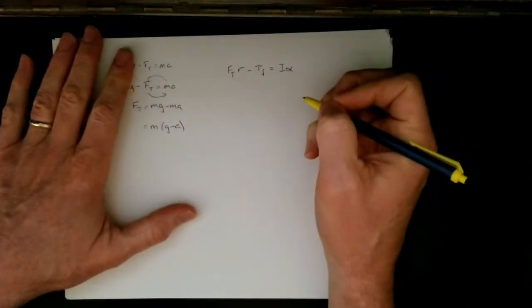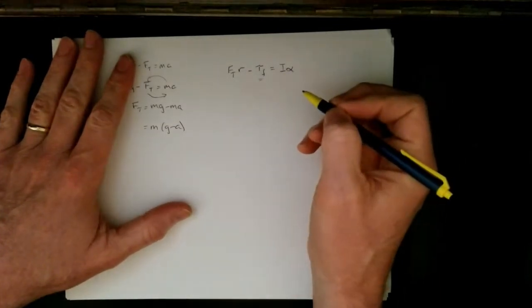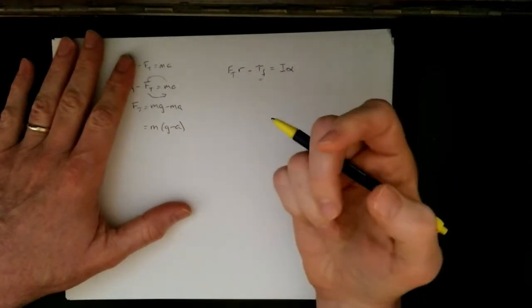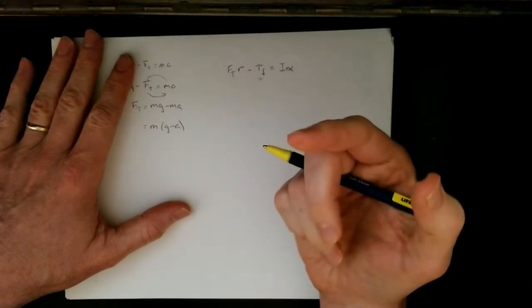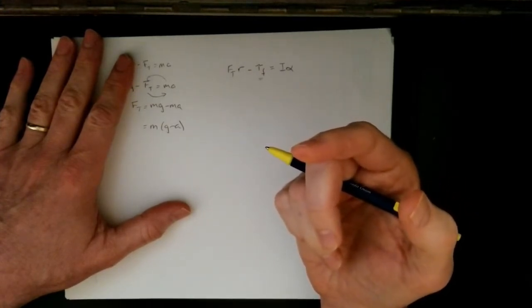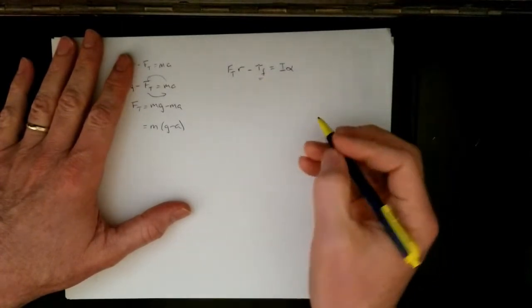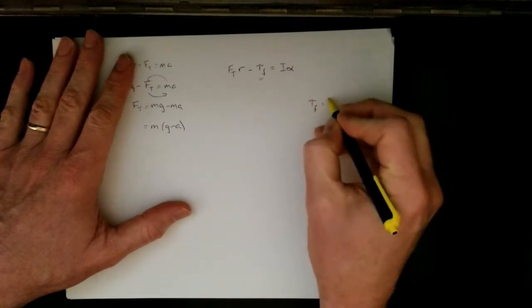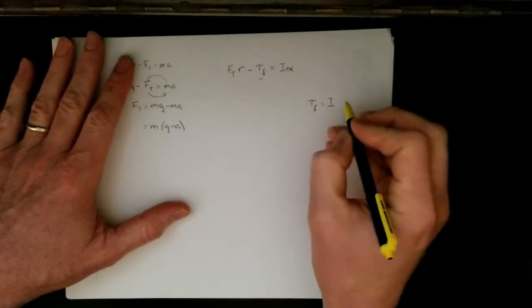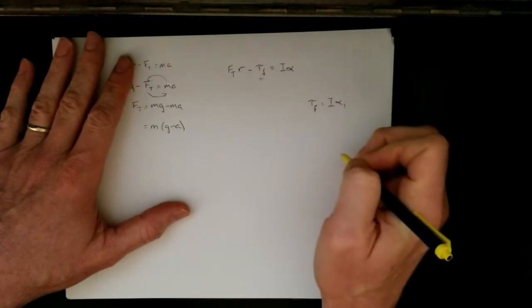Now, the torque from friction, if we had a situation where we were only measuring the angular acceleration with friction as the only force acting on it in that particular direction, then we could actually find that, and we did. We separately did a torque from friction, and that's equal to the moment of inertia, which has already been calculated, times alpha. So I'm going to call that alpha 1 here.